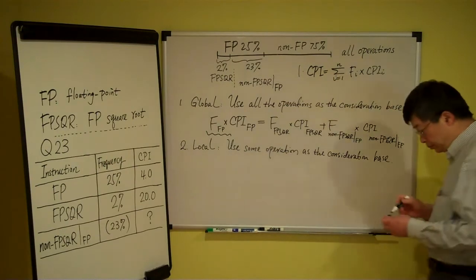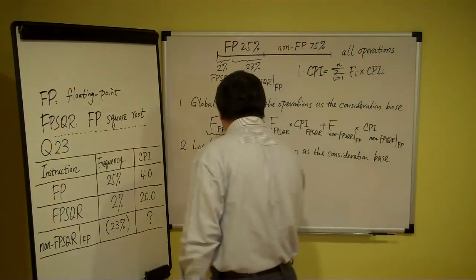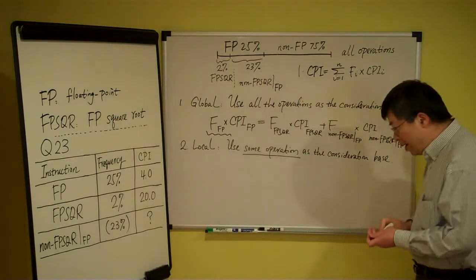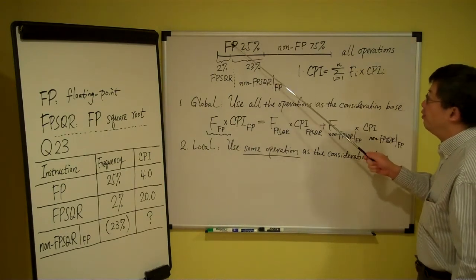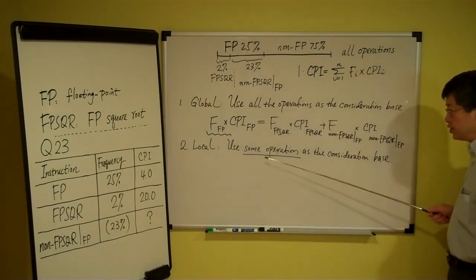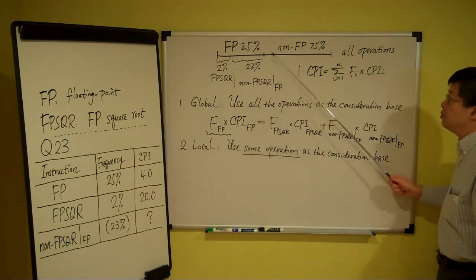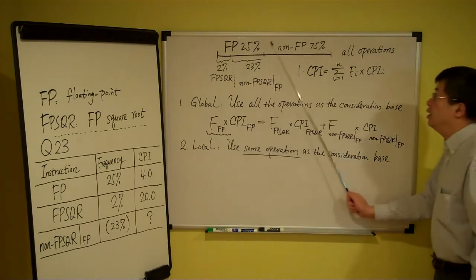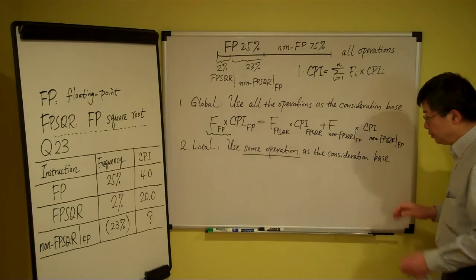That gives us the local meaning. So here we like to use the floating point operation as the consideration base. That means we do not look at other operations.